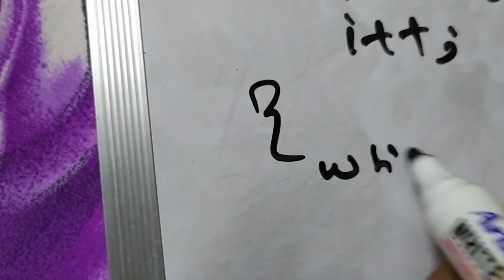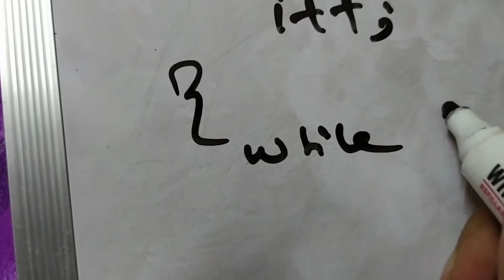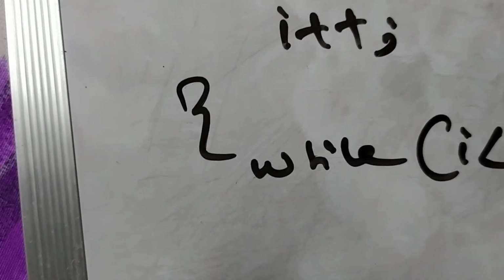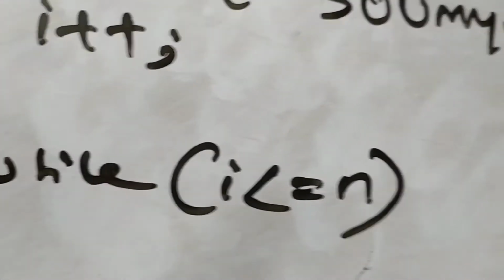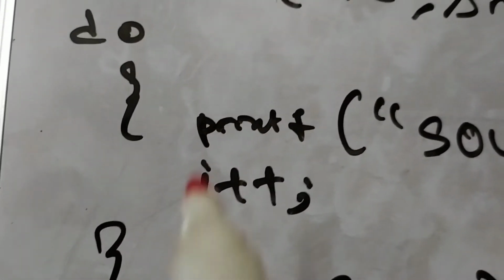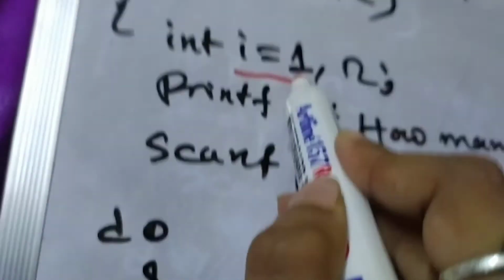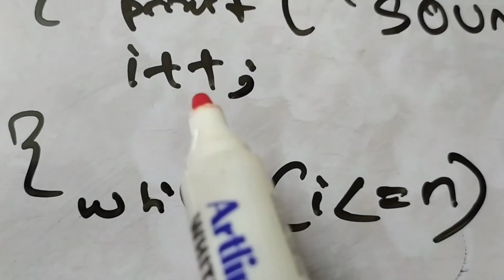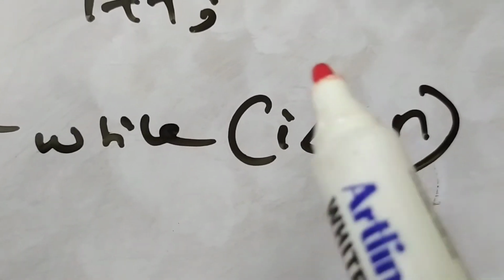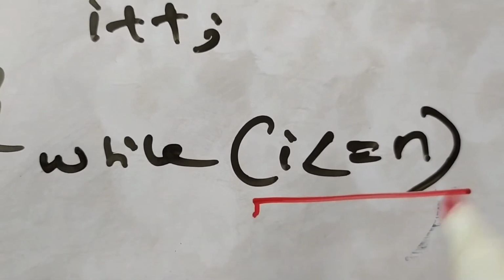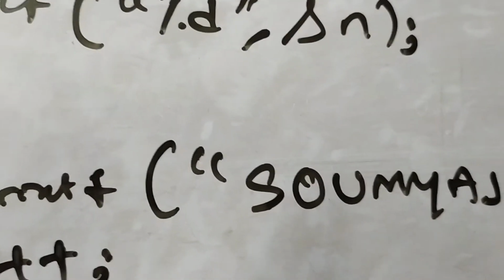While i less than or equal to n. That means it will start from i equal to 1, I am using the increment operator, and I have restricted the value up to n.